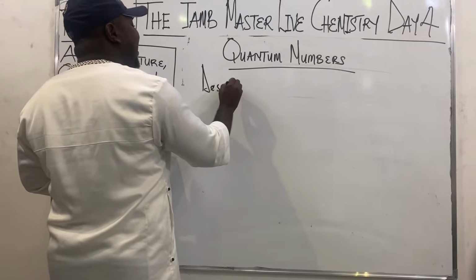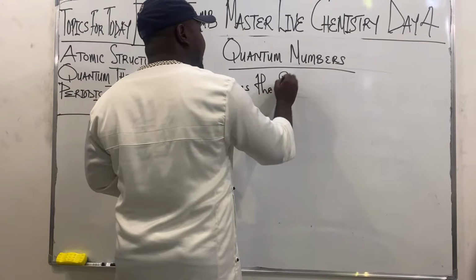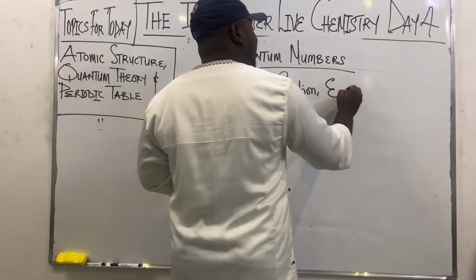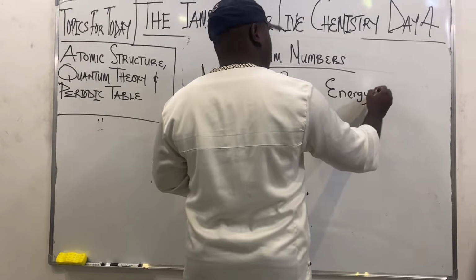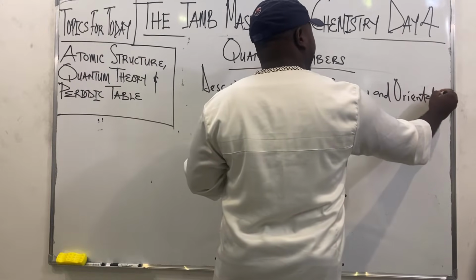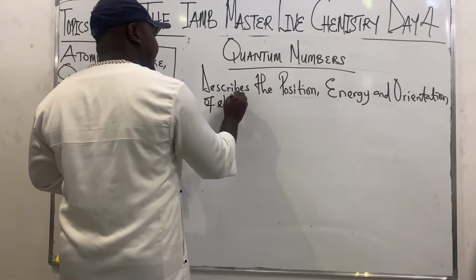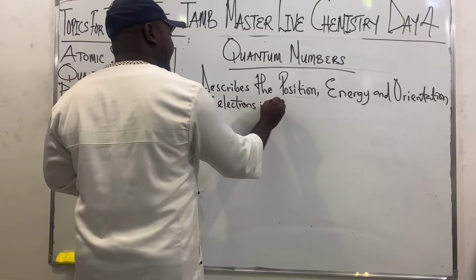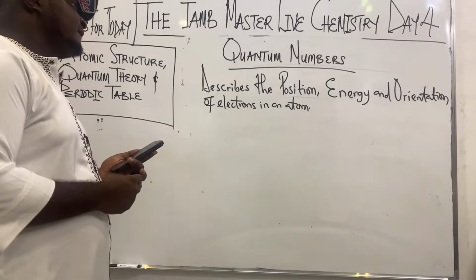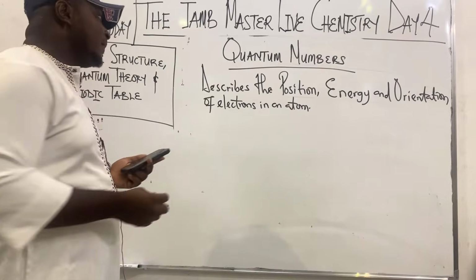The quantum numbers describe the position, energy, and orientation of electrons in an atom. Quantum numbers describe the position, energy, and orientation of electrons in an atom.